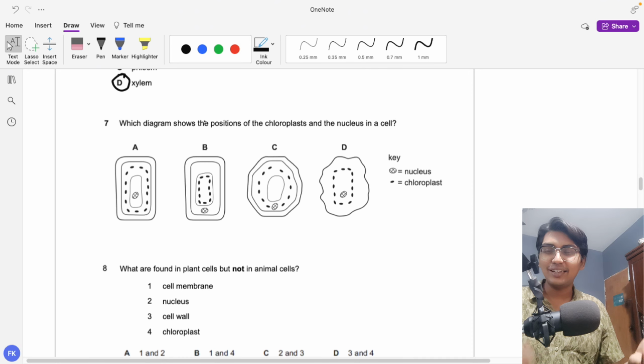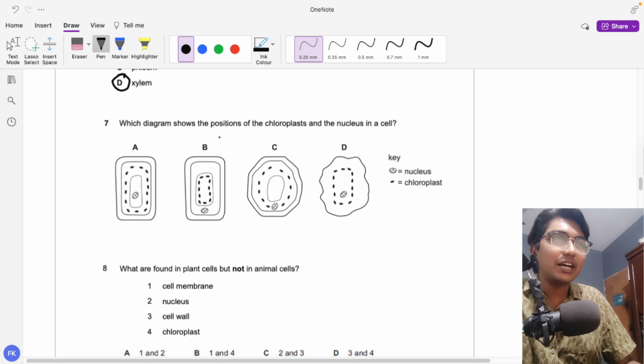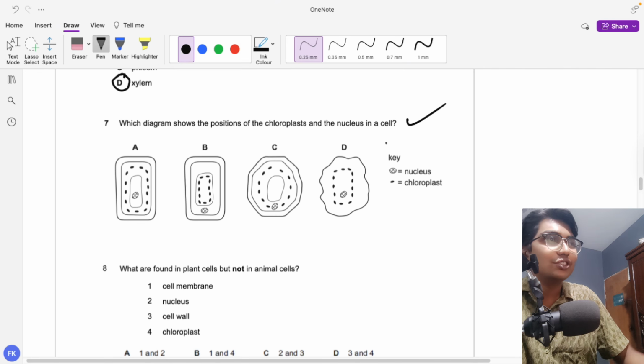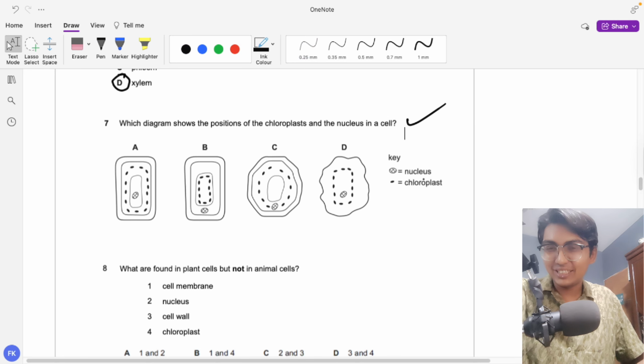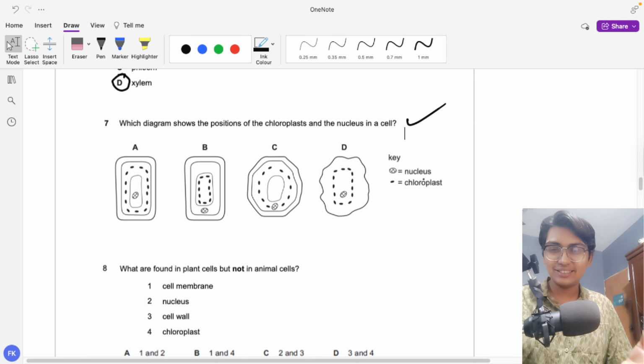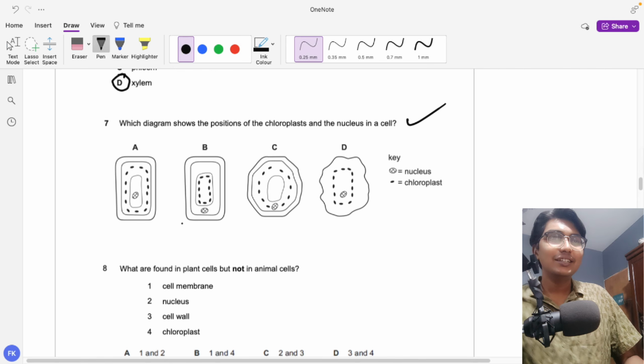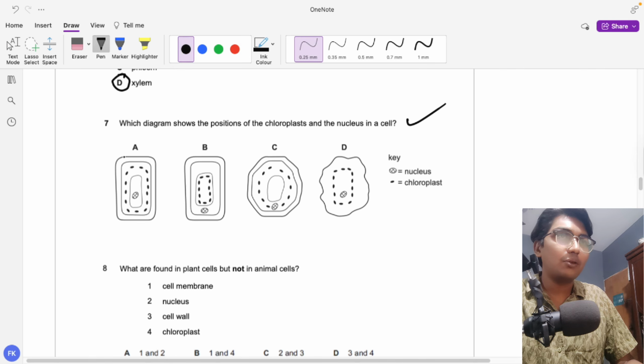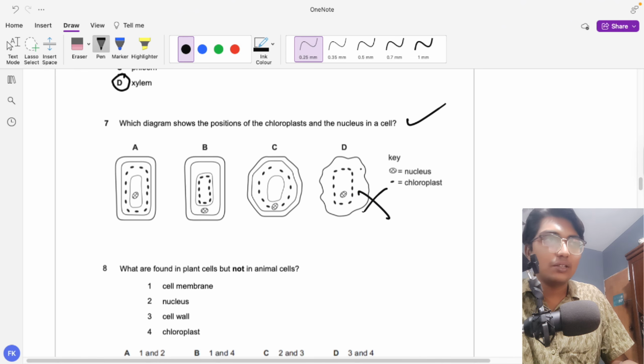Let's look at another question, which is: which diagram shows the position of chloroplast and the nucleus of a cell? So chloroplast and nucleus, so it should be a plant cell, right? That is a simple thing you guys know. So we have options A, B, C, D. Look, this couldn't be the answer because it doesn't have a cell wall.